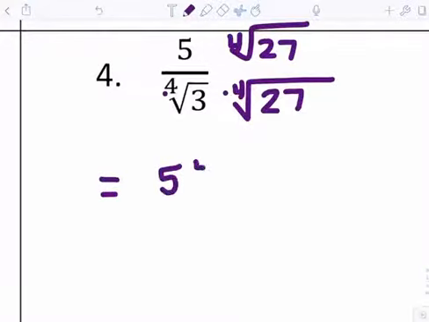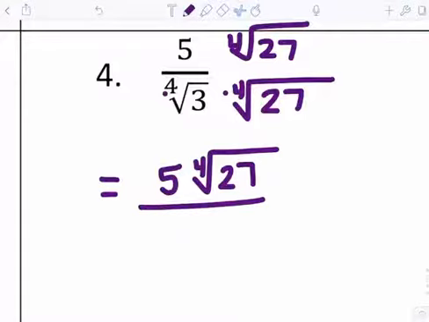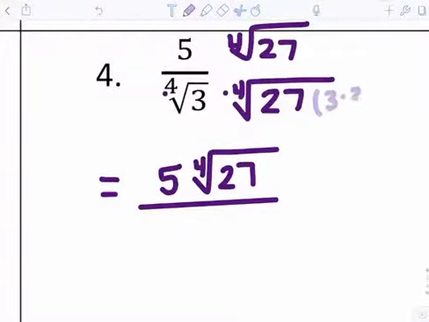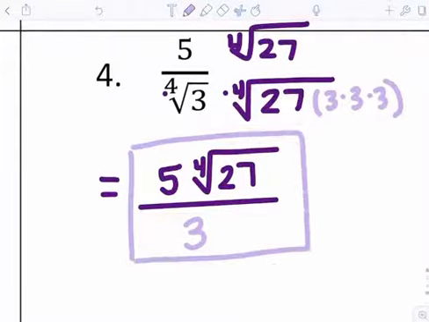So I get 5 times the 4th root of 27 over, let me make a side note, 3 times 3 times 3, so I have 4 3's, so the 4th root of 27 times 3, which is 81. The 4th root of 81 is just 3. Can't simplify the 5 and the 3. Can't simplify 27 and 3 because 27 is inside the radical, so this is our final answer.